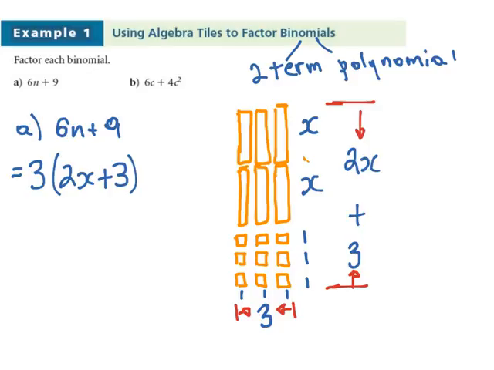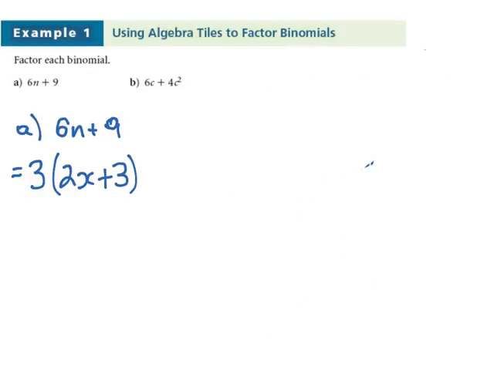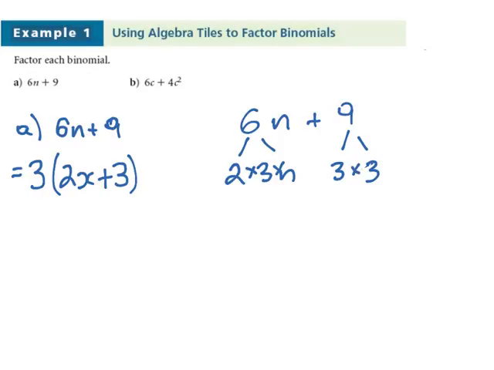And now we're going to factor without using the algebra tiles. So we know that 6n and 9 have factors. We know 6n has factors of 2, 3, and an n. And 9 has factors of 3 and a 3. So which are common? The 3's are common, so we'll take those factors out, and then what's left?